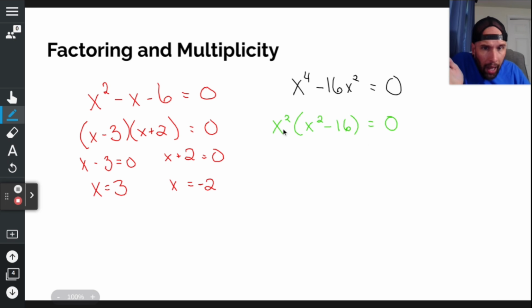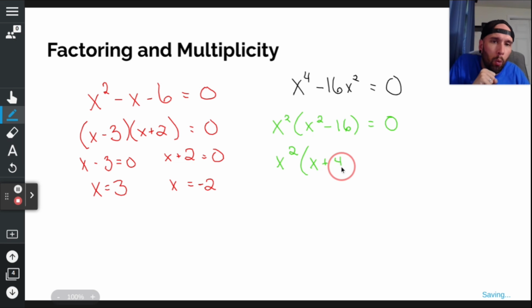Now, I have x squared, nothing I can do there. Can I do anything with x squared minus 16? Ooh, that's a difference of squares. So I can turn that into x plus 4, x minus 4. And now when that's equal to 0, I can just say, all right, let's do the easy ones first. One of my zeros is negative 4.